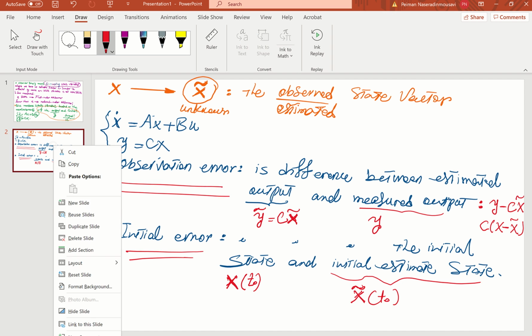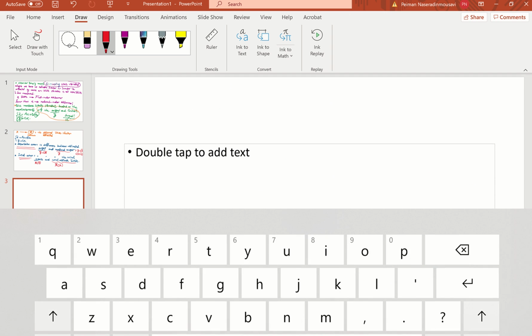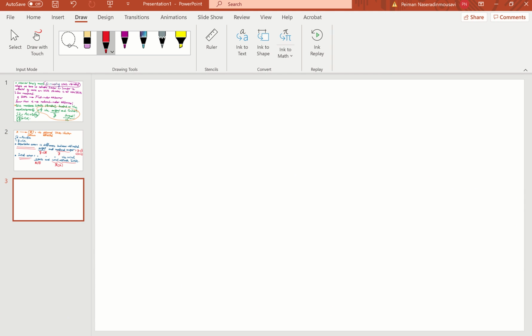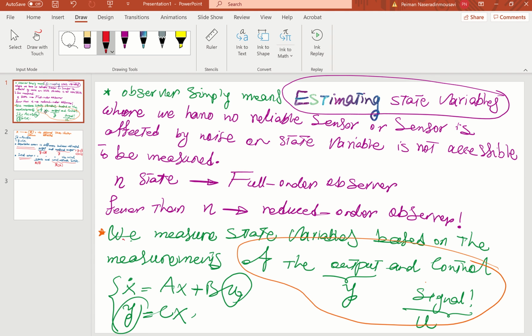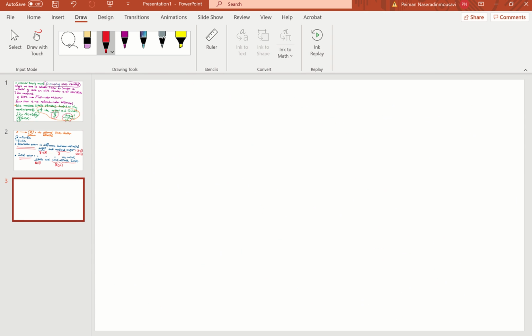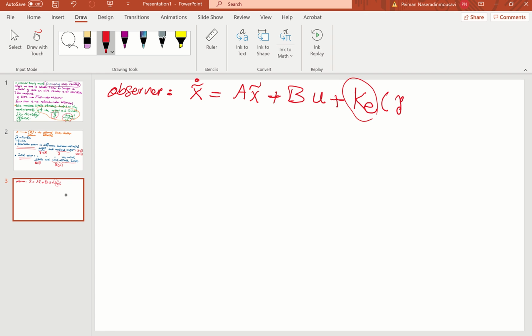Understand? Now what we are doing in the observation or estimation of the state variable is simply this. Because I said we estimate state variables based on measurements of y and u, now I'm going to write it mathematically. In the observer, x hat dot, because we are estimating the unknown, is A x hat plus Bu plus K e, where K is the gain of estimation times the observation error signal that we just defined.